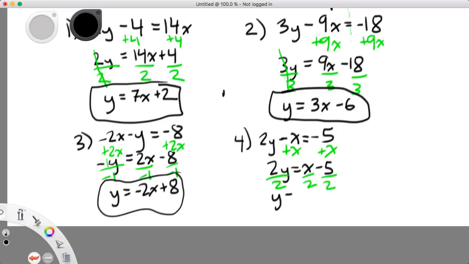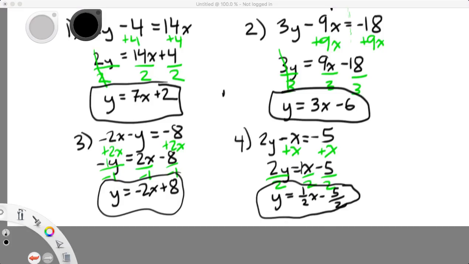And I'm going to end up with negative y equals 2x minus 8. And then I have to divide everything by negative 1, because this is like negative 1y. So I'm going to divide everything by negative 1 in order to get this to be positive. And I'm going to end up with positive y equals negative 2x, negative 8 divided by negative 1 is positive 8, plus 8.